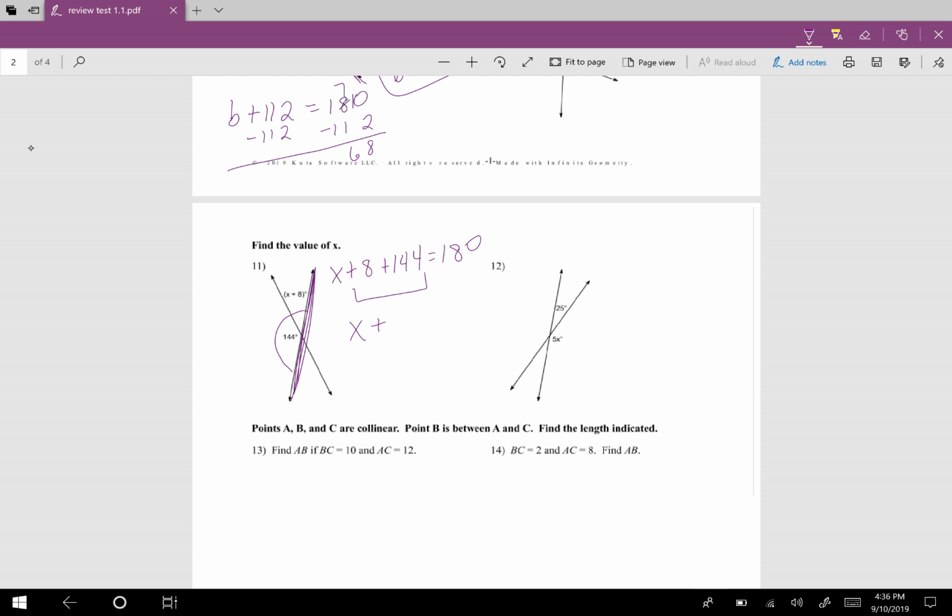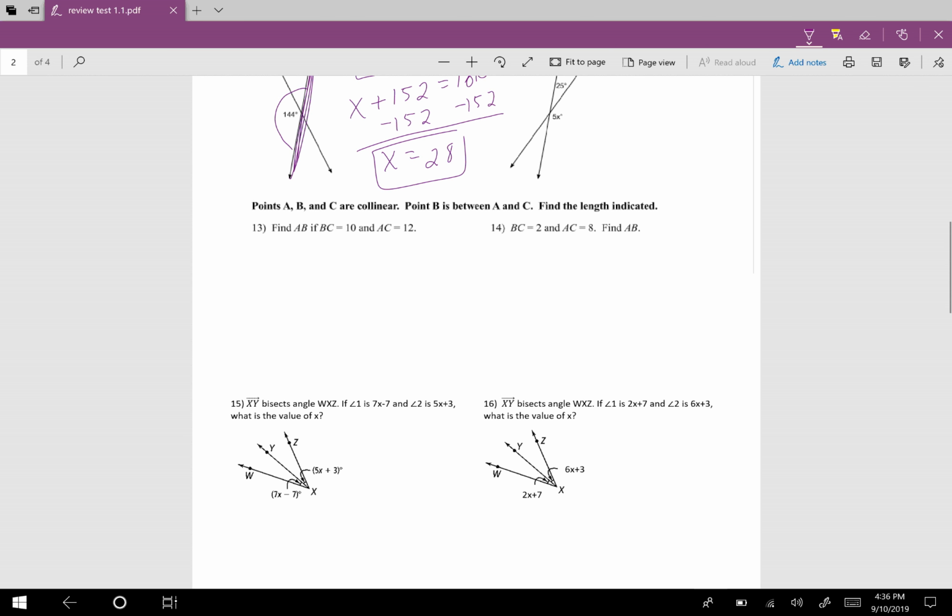So I have x plus, well, what's 144 plus 8? It's going to be 152. And so that's equal to 180. So take away 152 from both sides. So x equals 28. So x is 28, and that's all they asked us for because it says find the value of x. So you're done.